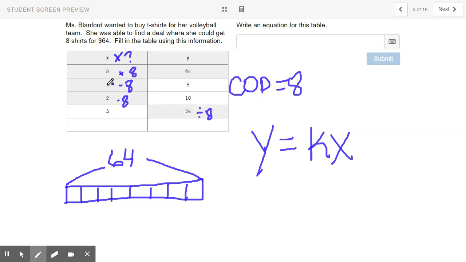The very first question says, how much does just one shirt cost? To do that, I'm going to have to take that $64 and divide it equally into these 8 T-shirts, right? So 64 divided by 8 let me know that I take 8 and multiply it by $8, because every shirt costs $8.